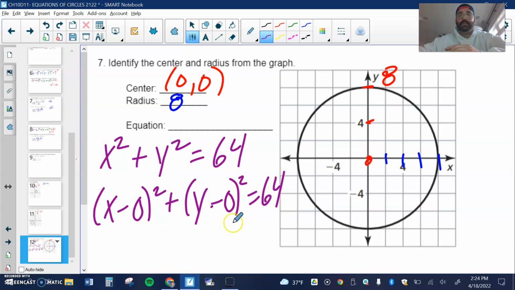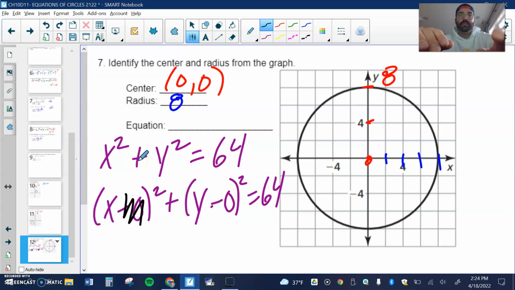And that's not necessarily wrong by any means. But do I really need to write x minus 0 squared? No, I don't. 0 squared is just 0. So this really kind of drops out right here. So this kind of disappears, and this kind of disappears. And it's just y squared, and it's just x squared.